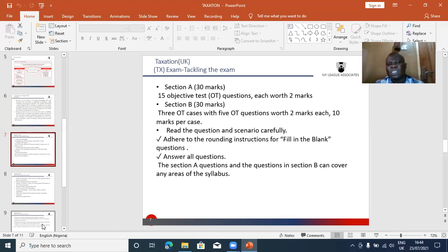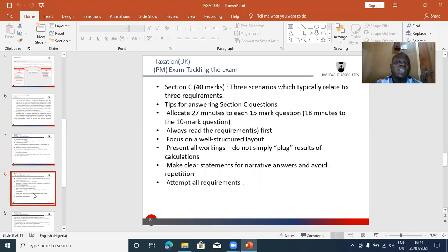If there are specific instructions around rounding, for filling the gap, filling the blank type of questions, you have to adhere to that strictly and ensure that you answer all questions. That's very, very important.